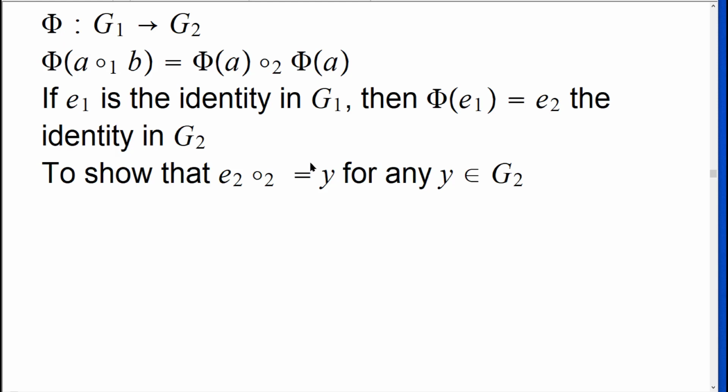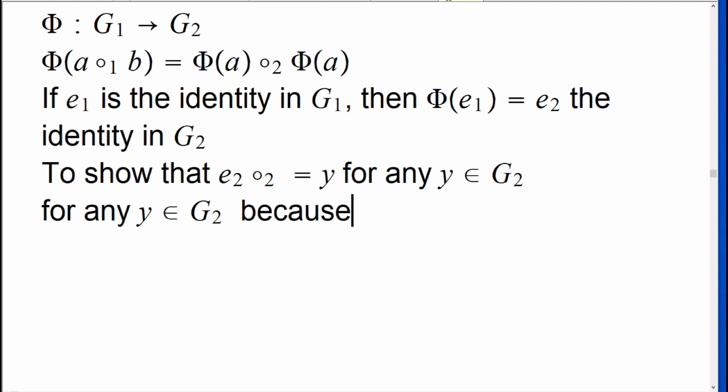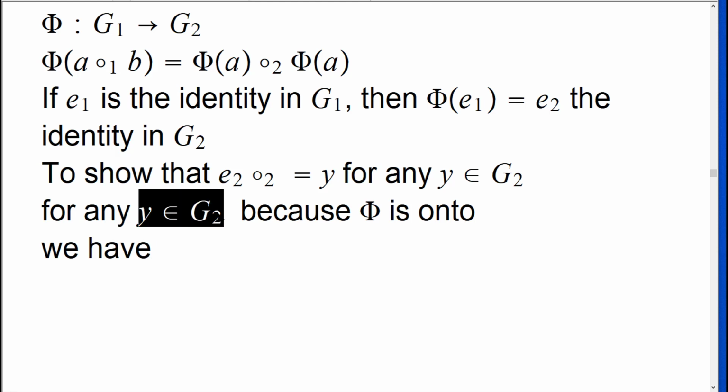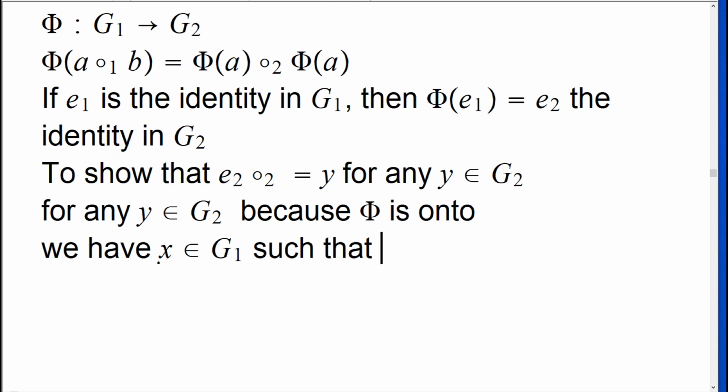I'm going to be a little formal now, because phi is onto, we have an x in G1 such that phi of x equals y.